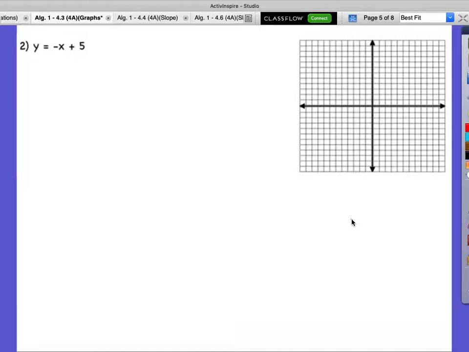We'll still plug in the same 5 numbers for x, guys. So that was when you plug in a -2. But we go in order of the x-axis. We still write -2 because we still plug in -2.